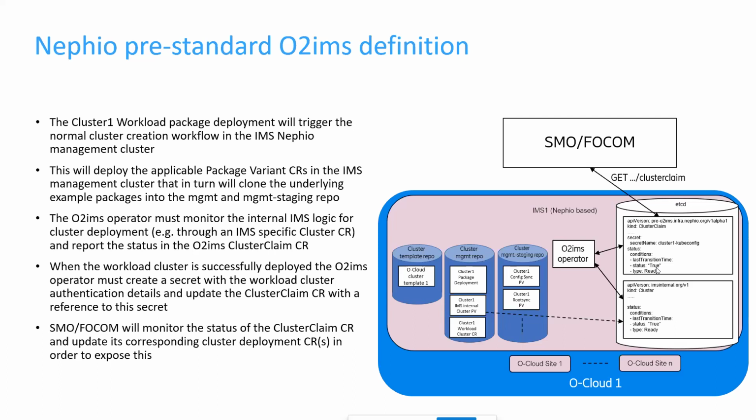And so to Tim's point, querying the cluster claim ready status can't be a good indicator to FOCOM that the cluster is good, because all of the underlying components might not be. Whereas if FOCOM cares whether or not the cluster is healthy, it goes and queries the cluster, not the claim that creates the cluster. I'll stop here.